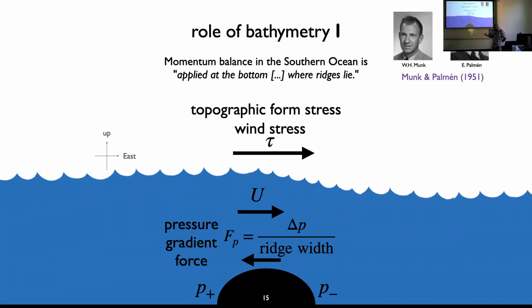And then if you have a mountain at the bottom, you will create also a pressure difference upstream and downstream of this mountain. This pressure difference will introduce a force from the ocean to the earth. And from Newton's third law, the earth will push back on the ocean. And that pushing back onto the ocean from the solid earth is exactly the force that opposes the current and makes the current not be 30 times stronger, but only as strong as it is.